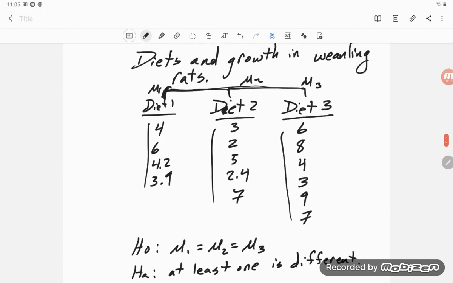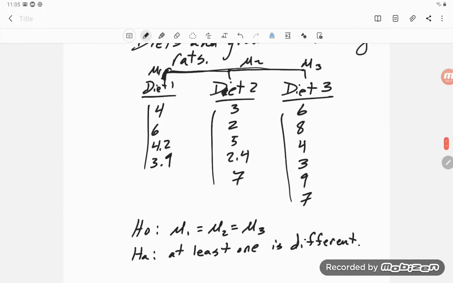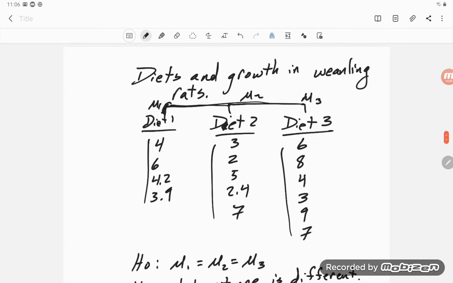Okay, so that's where we're going in Chapter 4. Really mimicking or following the same kind of stuff we did in Chapter 3, but now the data are different. The ideas of what we're trying to do are exactly the same. We would like to know if these diets impact the growth in some way.